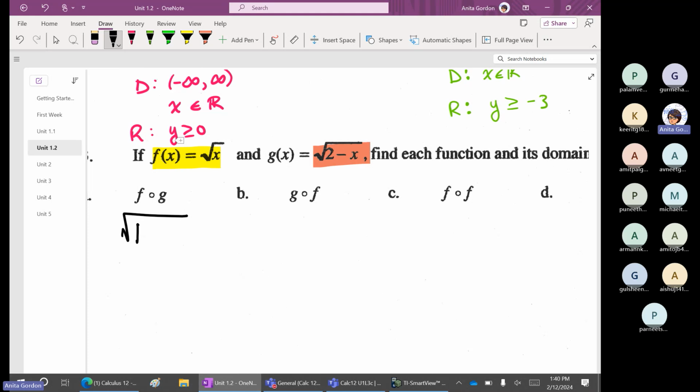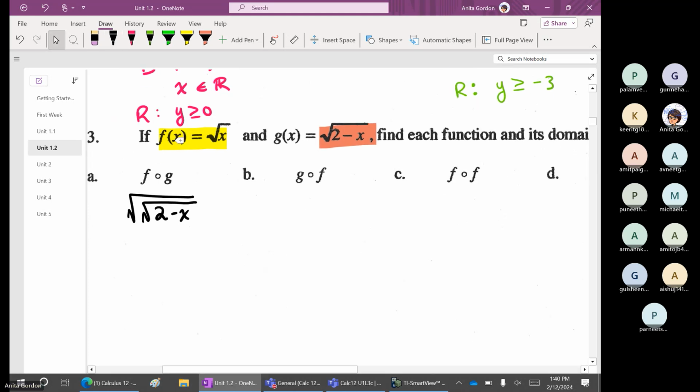So this is the square root of 2 minus x. Can we simplify this? Yes, sir. Yes, it would be the fourth root of 2 minus x.